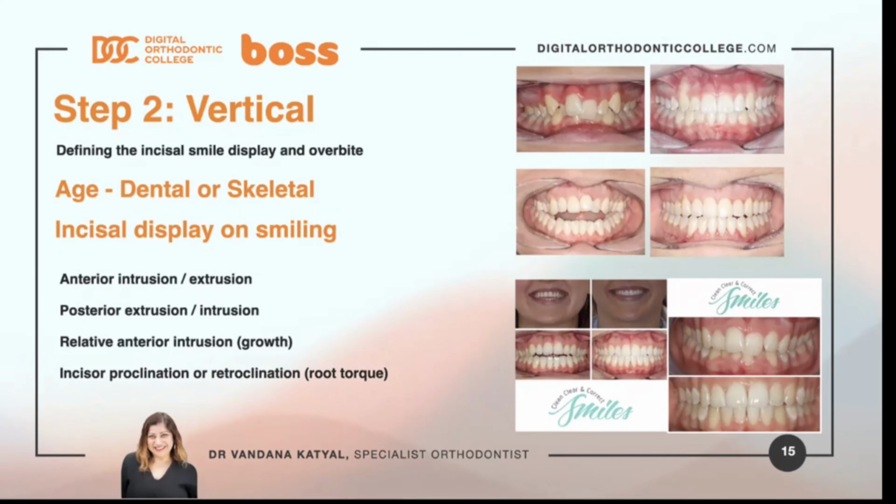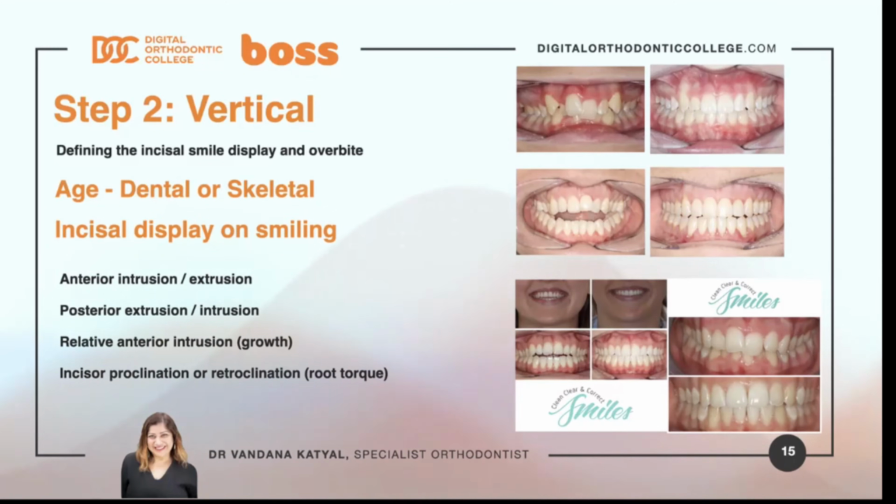After I've set my transverse dimension, I'll often think about my vertical dimension. For example, the first thing that you're going to look at is the incisal display on smiling, right? Again, age is a big factor here in setting the final goal. What is the incisal display on smiling? That is very important.